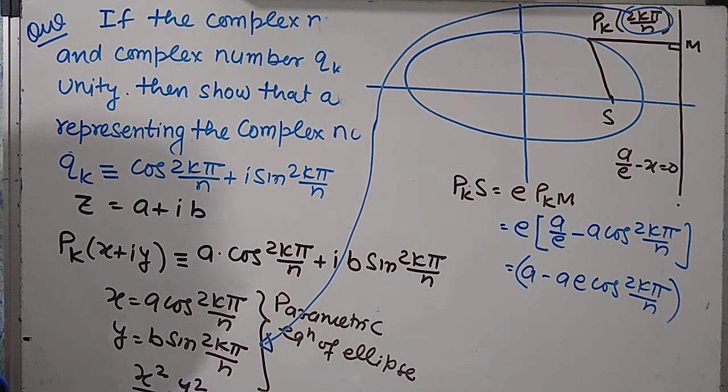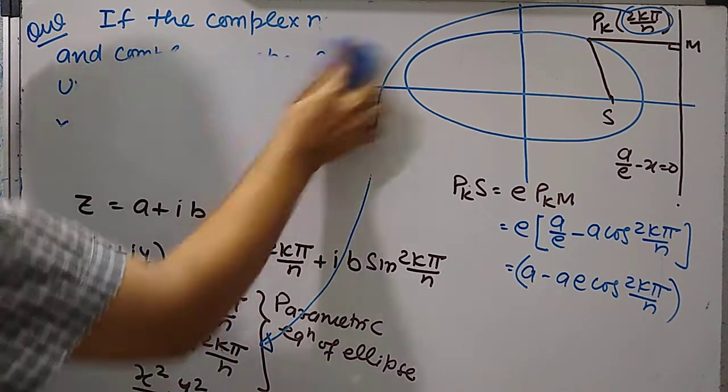So here we use this result and we will find out sigma pks.